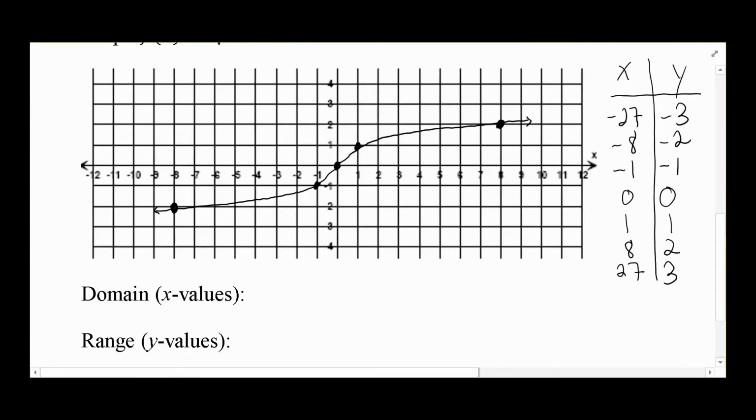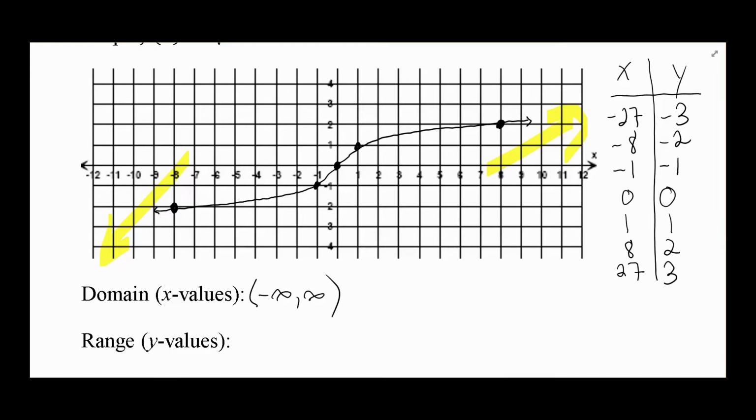Now, as far as my domain and range, what x values do I hit on this, or what x values am I allowed to plug in? Well, anything I want. This graph keeps going to the left and it keeps going to the right. I'm allowed to take the cube root of anything. And what y values do I hit? Well, I eventually hit everything because this graph continues to go down and it continues to go up over there.